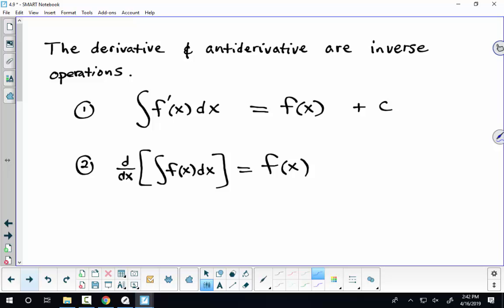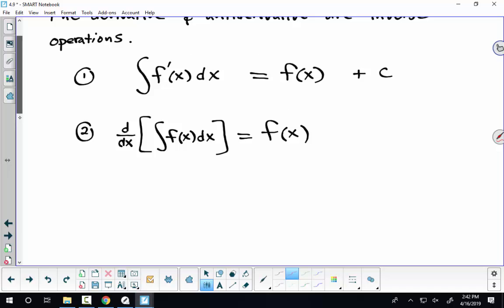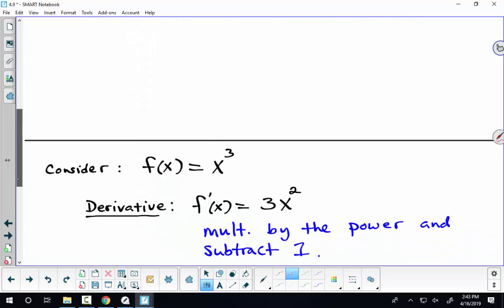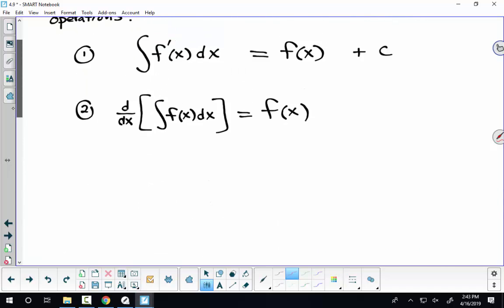But we're seeing that these operations of derivative and antiderivative do actually undo what the other one has done. Are there any questions at this point?